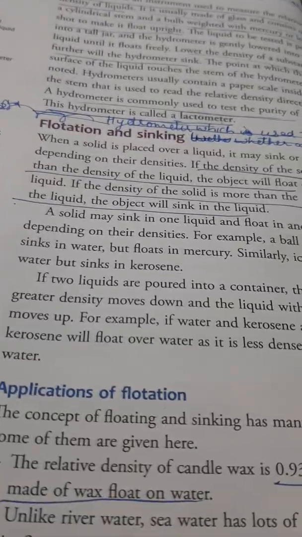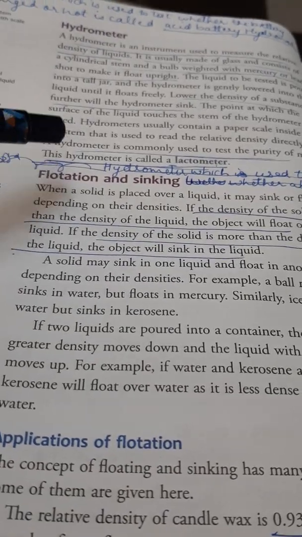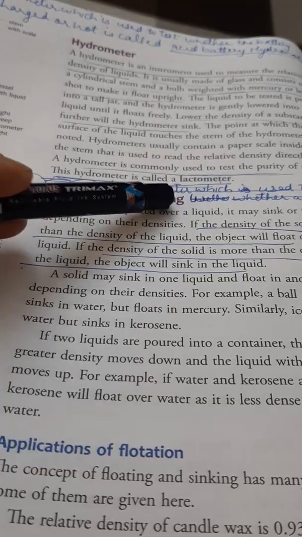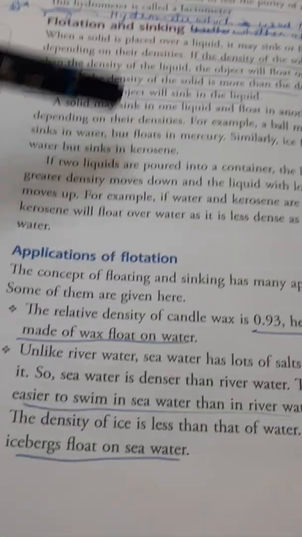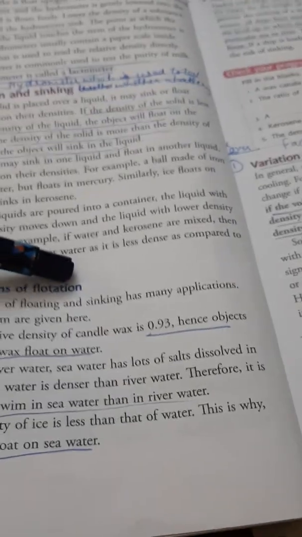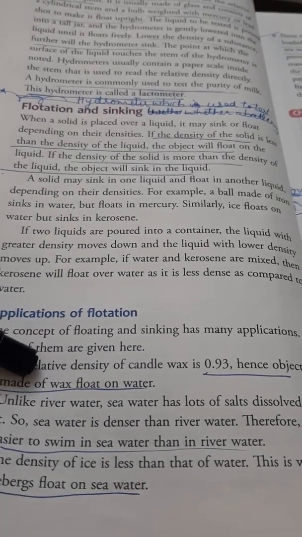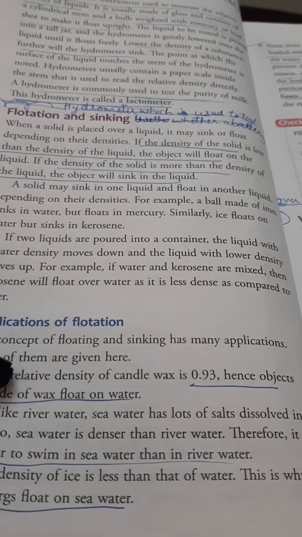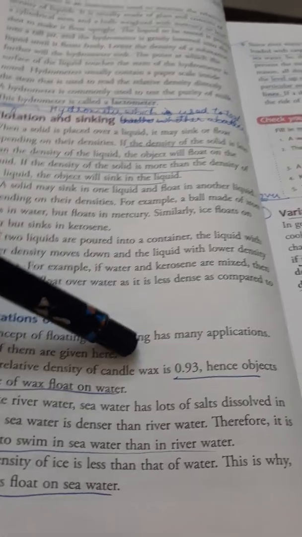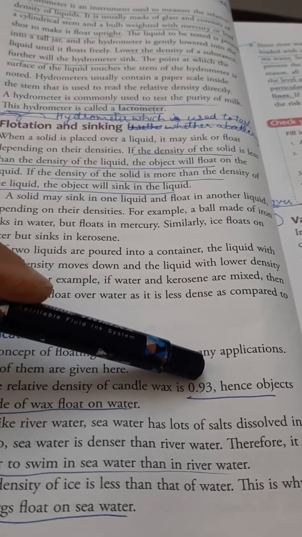So this is the flotation, how objects float and sink. Now we are going to take some applications of flotation which will come in the exam as reasons. So, you know, the relative density of candle wax is given as 0.93.